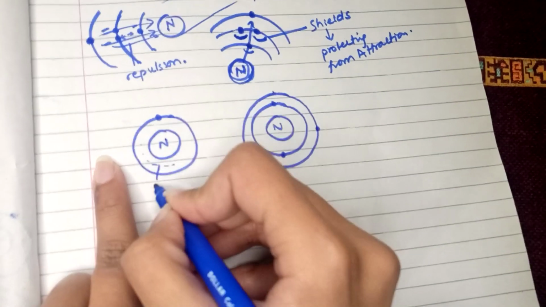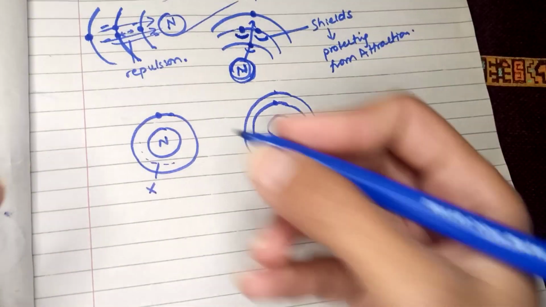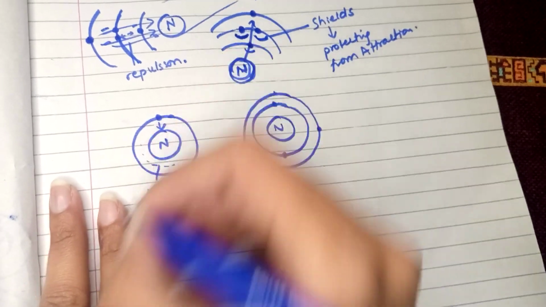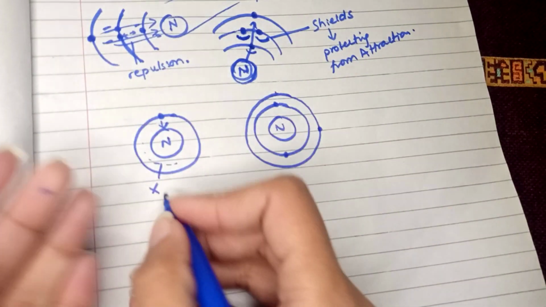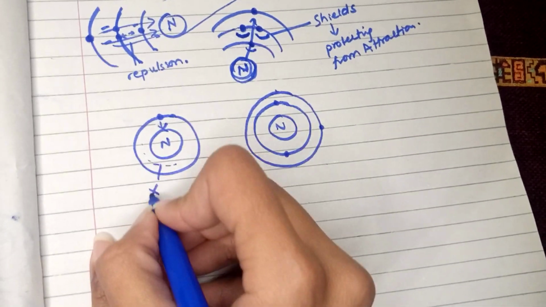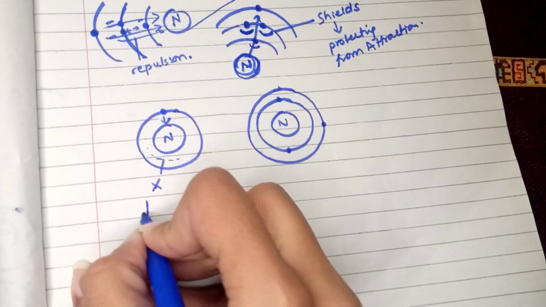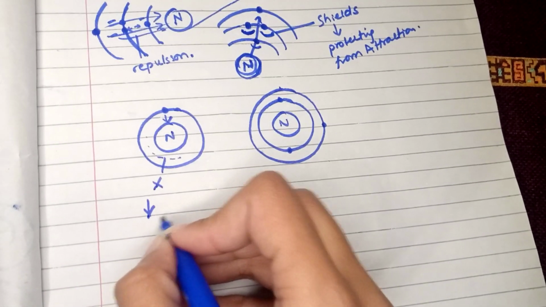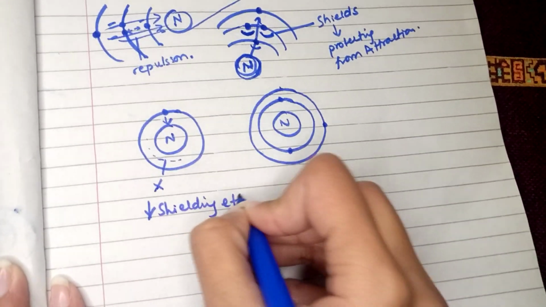Inner shell is absent. So is there any shield? No, there is no shield. So it means that the nucleus is now going to attract the electron more towards itself. Because there is no shield, the shielding effect is zero, so the shielding effect is very much reduced.